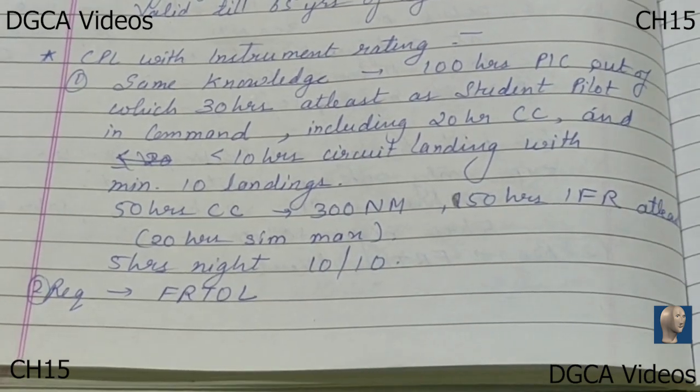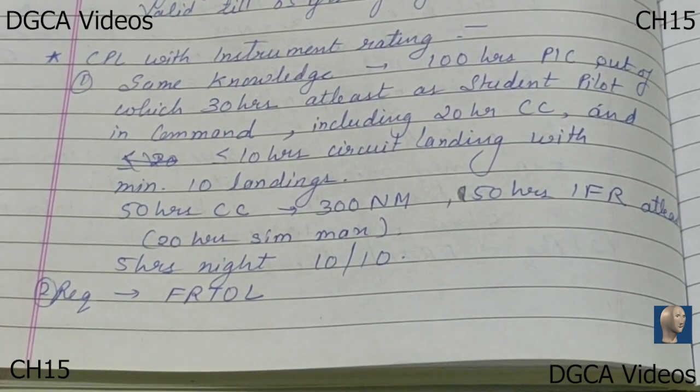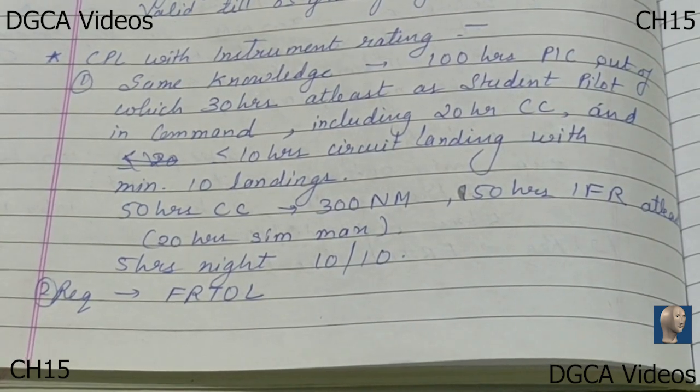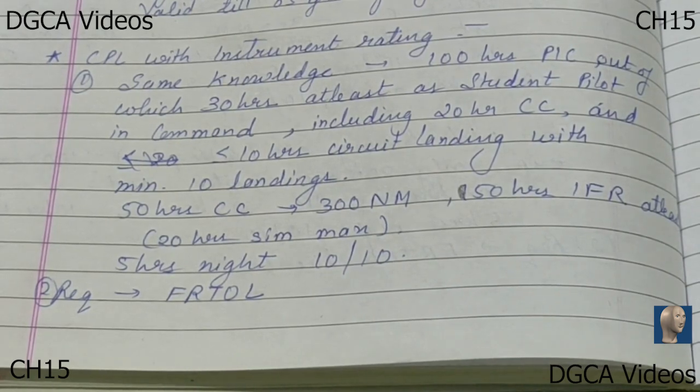The idea is that if they are giving you instrument rating along with CPL, then obviously there will be a little bit more criteria as compared to the normal CPL.